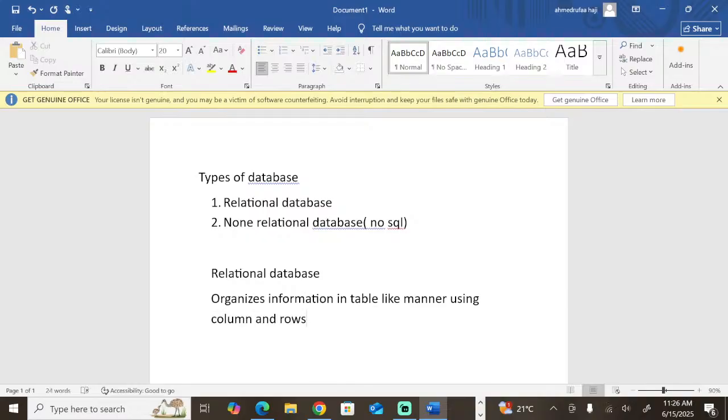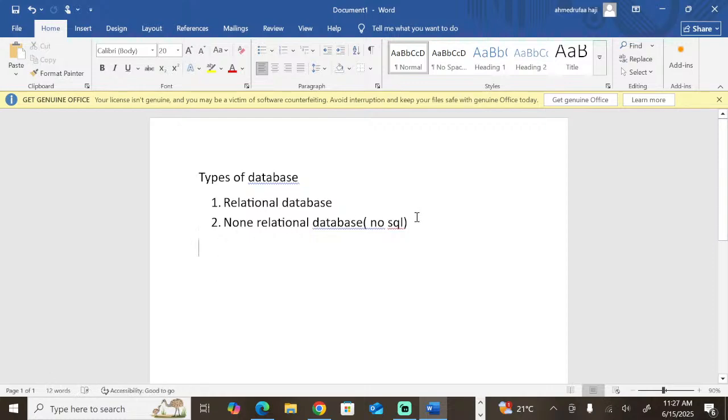If you have ever used spreadsheets, you will find it is just the same thing. So we store information in a table-like manner using columns and rows. All right, that is what it means by relational database.